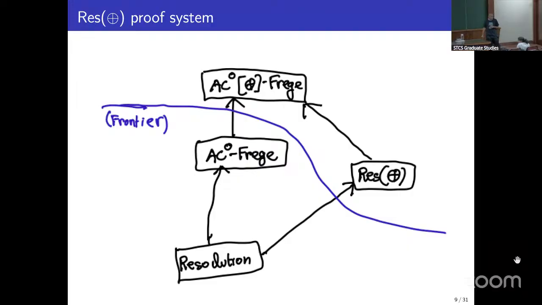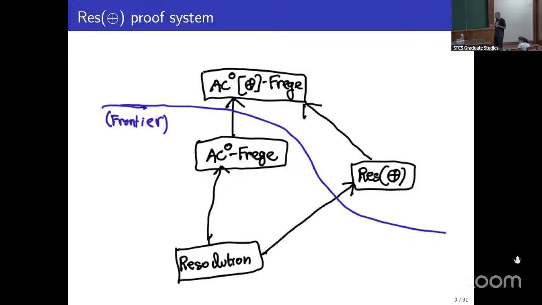AC0 Frege is put under the frontier, meaning we understand it. But typically when we understand it, we also say that for a random unsatisfiable formula, we can show lower bounds. That is the case for resolution, at least.